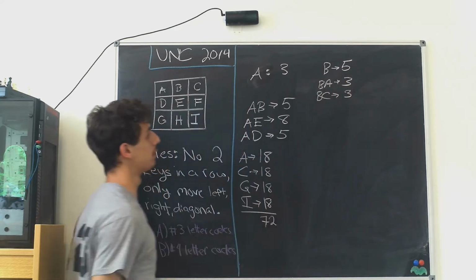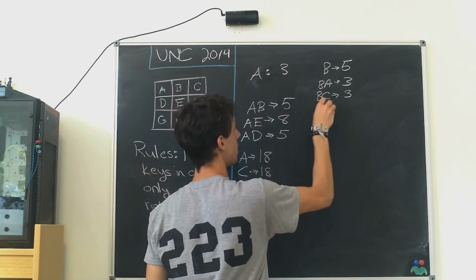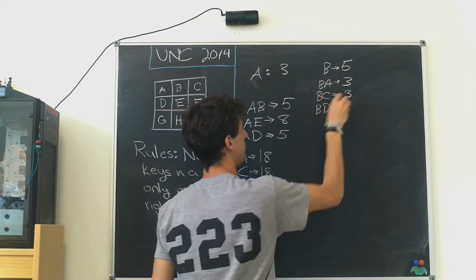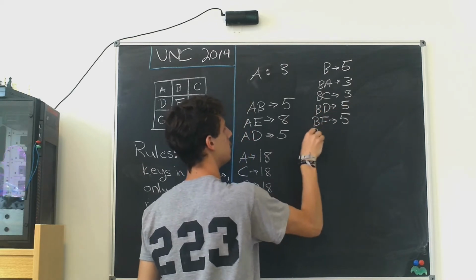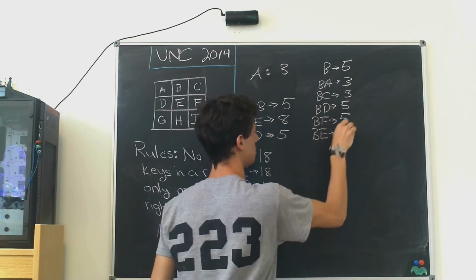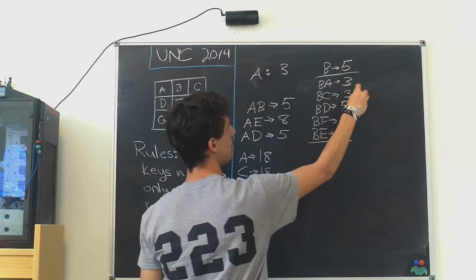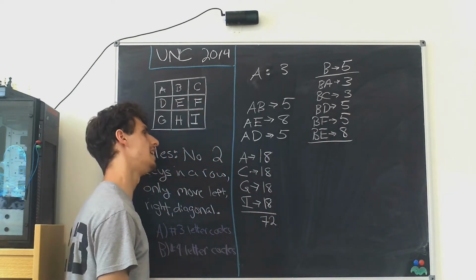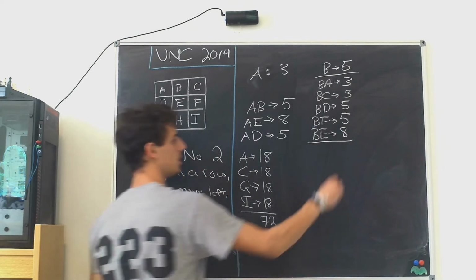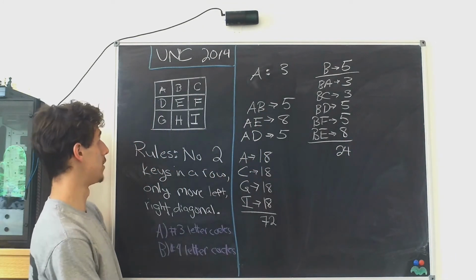If we go D or F, we have 5 combinations from those. And then if we go to E, we have 8 combinations to finish our 3-letter combination lock. Adding all of these up, we have 2 copies of 3, 2 copies of 5, and a copy of 8. That will give us 24 different combinations if we start with the letter B.